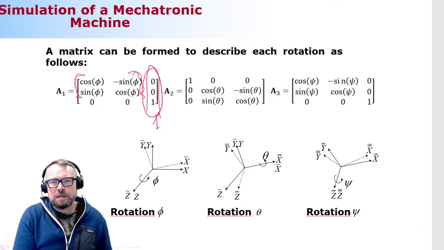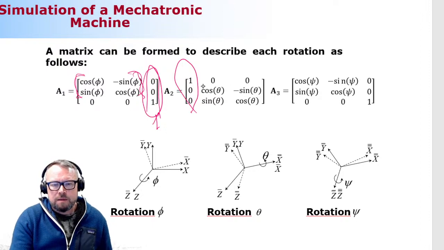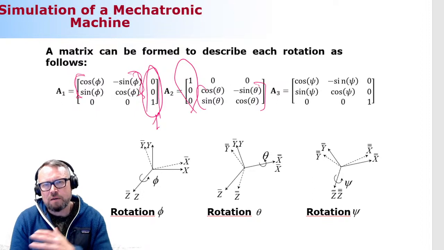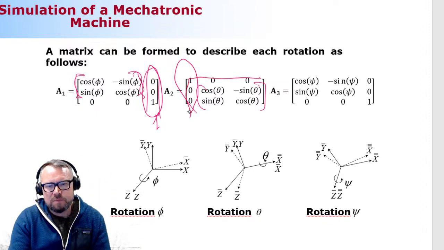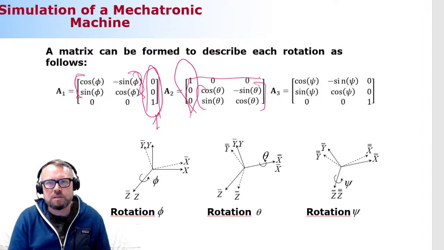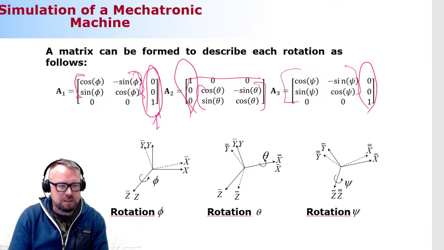Second rotation takes place around the x-axis. This tells you immediately that the rotation takes place around the x-axis. This is your 2x2 rotation matrix. What is left outside of those columns and rows reserved to it is going to be identity. Final rotation will be around the z-axis. And again, here is your 2x2 rotation matrix.